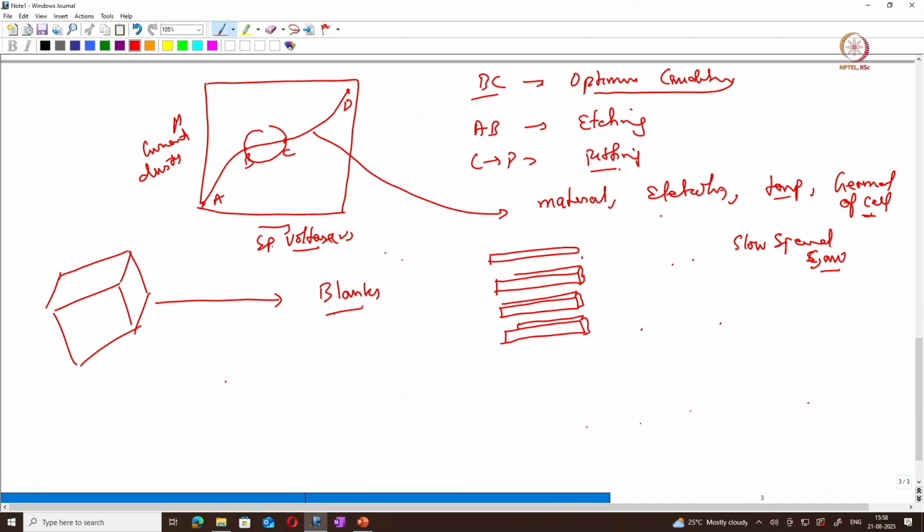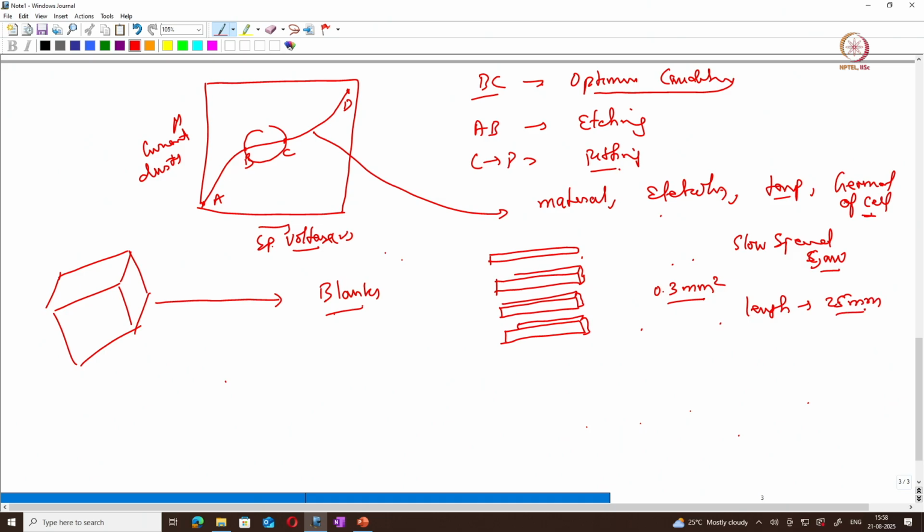Okay, so the cross section of these blanks is around 0.3 mm square. Okay, and the length is a few centimeters. It's about 25 mm, around 2.5 centimeters long.